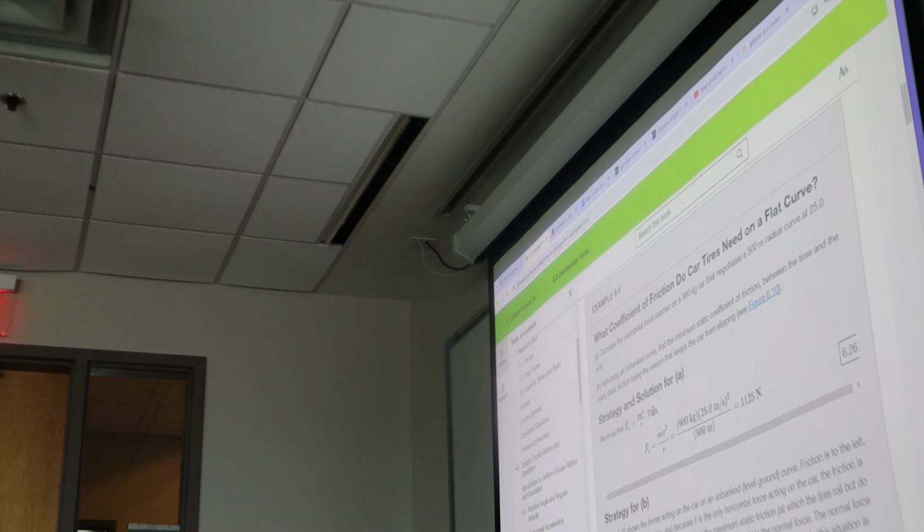Because if you look at what F is, mass times acceleration, mass is a kilogram, acceleration is a meter per second squared. So that's what a Newton is: kg times meters per second squared.